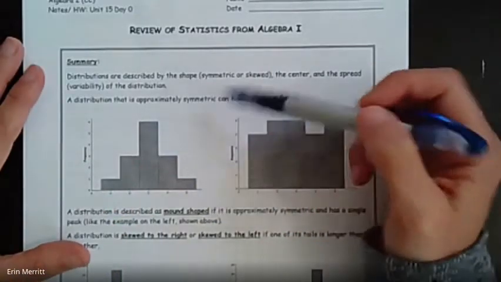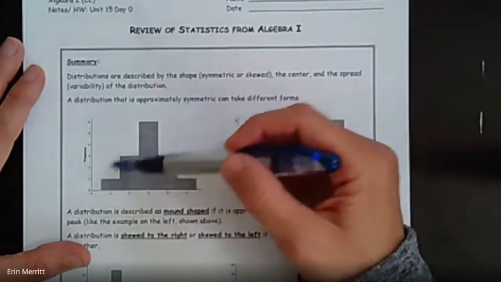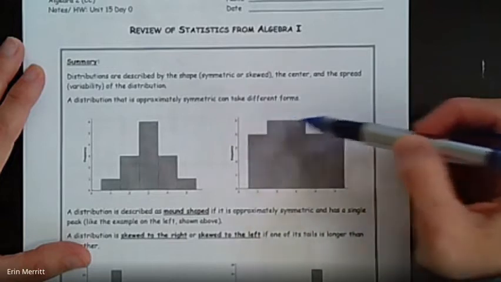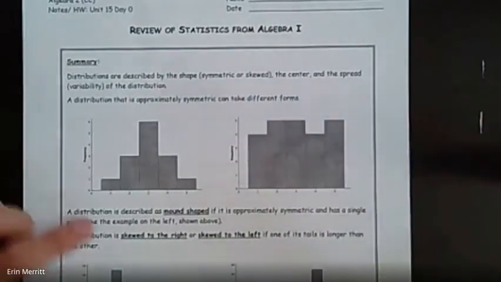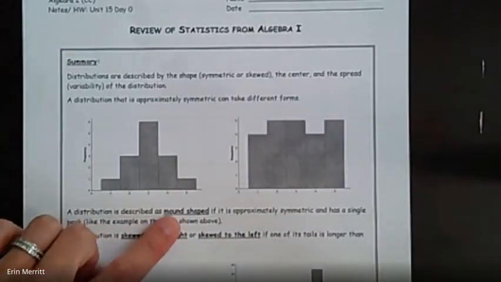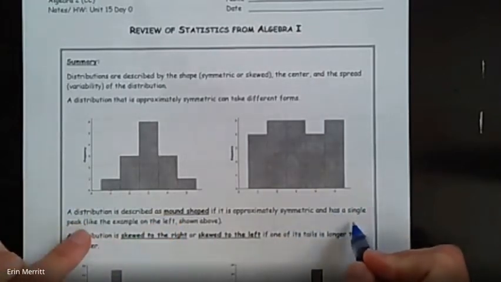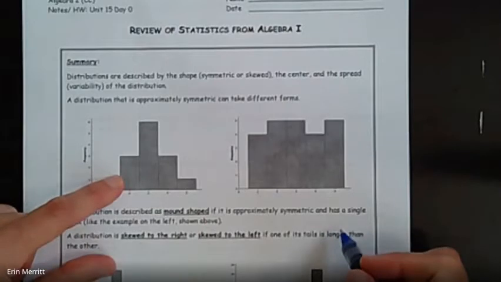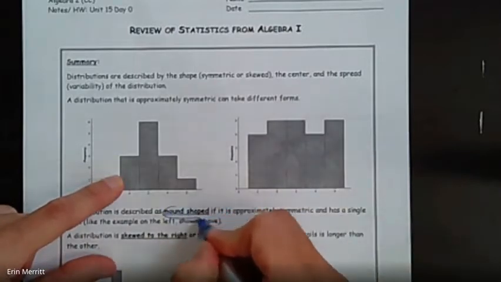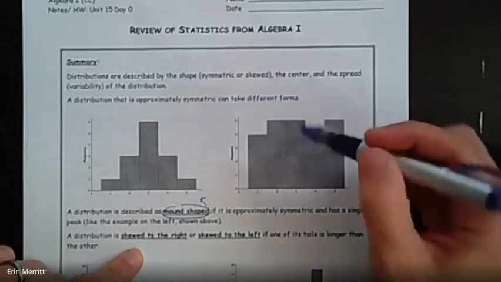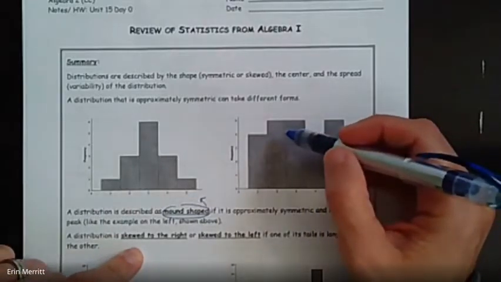So when you see the different shapes that can happen, like here you see where it's mounded in the center, here it's the same across. So when it says the distribution has the mound shape, and it's symmetric and it has just that single peak, like this one here, this is what we'd consider mound shaped, whereas here we would call this a uniform shape.